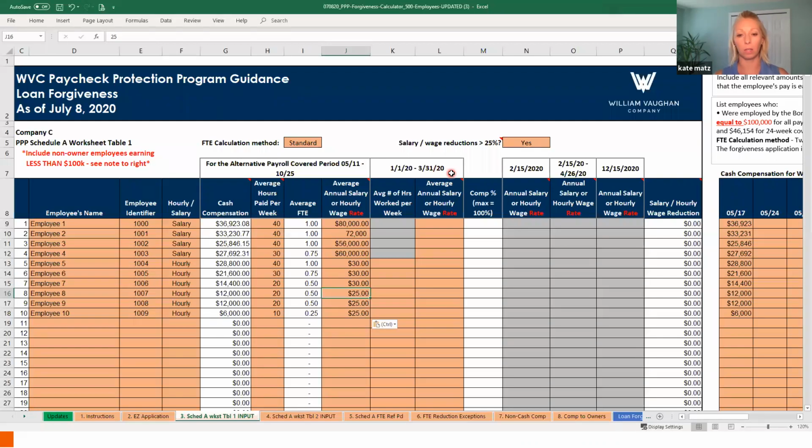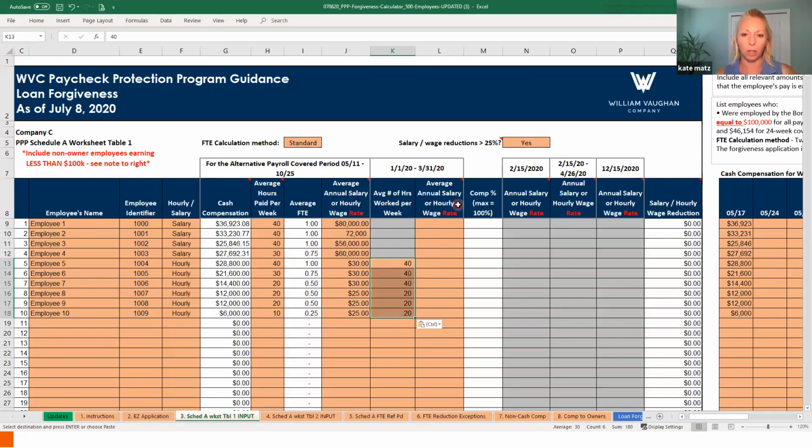This is the comparative period that we use when we look at whether we have a reduction in our compensation rate that's going to result in one of these salary or hourly wage reductions. So, average number of hours worked per week. We don't need to fill that out for the salaried folks. We do need to put in that information for our hourly individuals. So let's add that in.